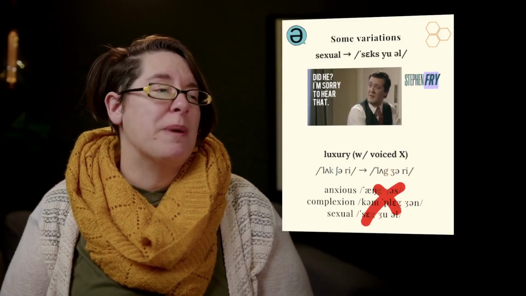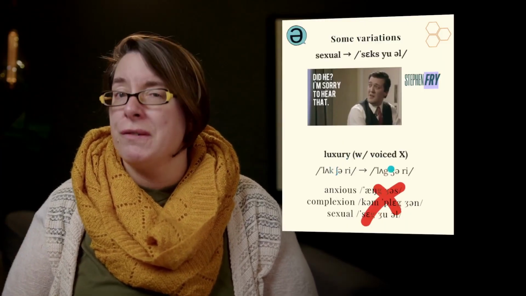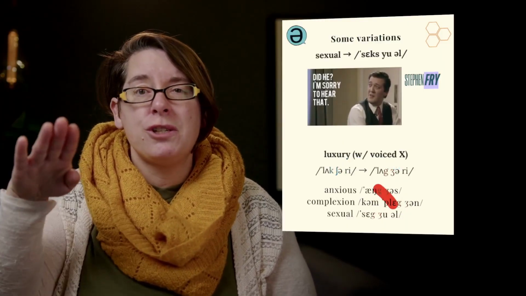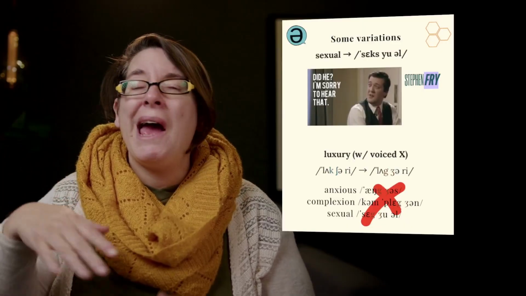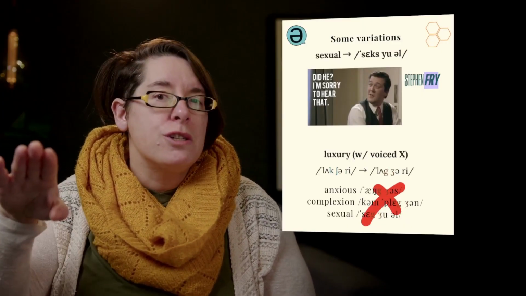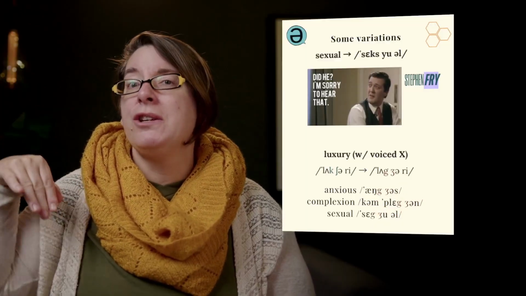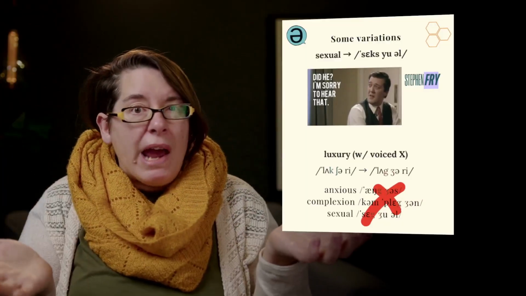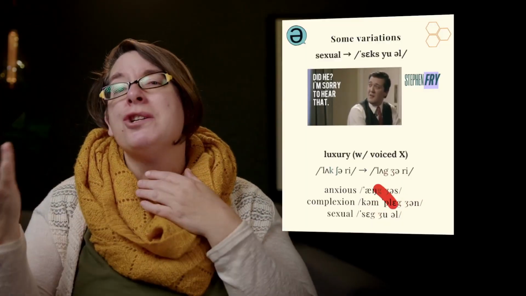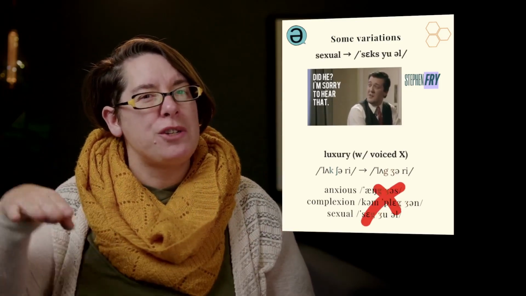Another variation that you might hear is, let's take luxury, ksh, and let's voice it. Then I'm going to have g and zh, like television, luxury, right? You hear luxury and luxury, which is funny because we don't take any of those other ksh words.